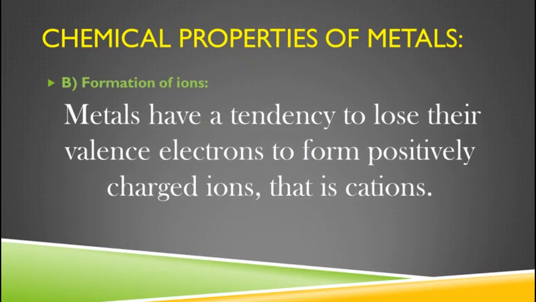The next chemical property of metals is the formation of ions. Metals have a tendency to lose their valence electrons to form positively charged ions, that is cations.